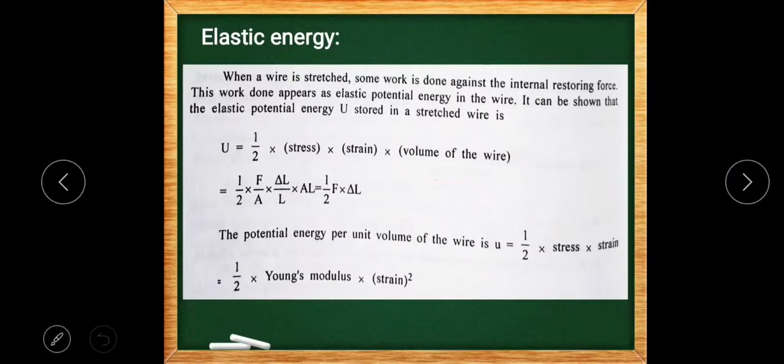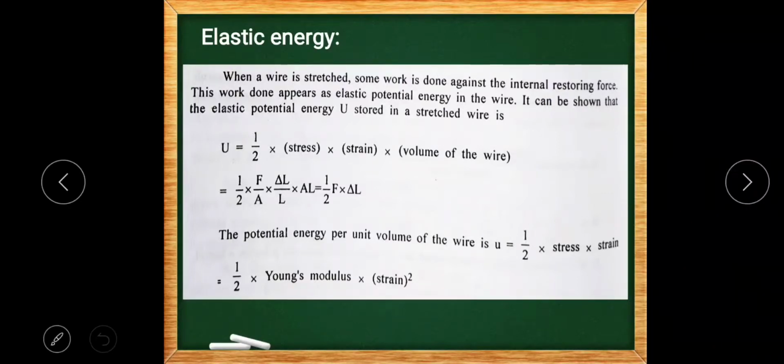Next, elastic energy. When a wire is stretched, some work is done against the internal restoring force. So this work done appears as elastic potential energy in the wire.